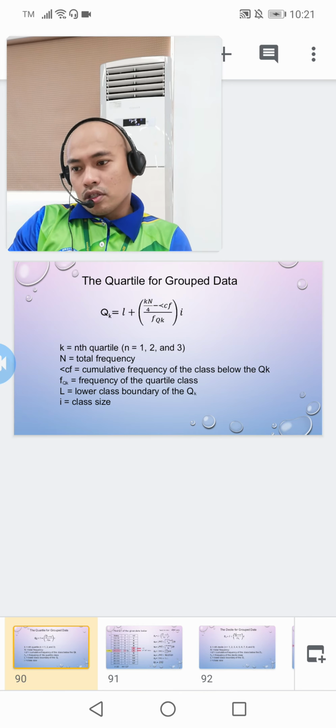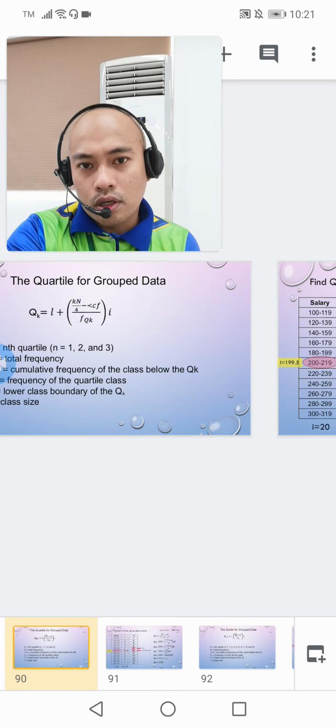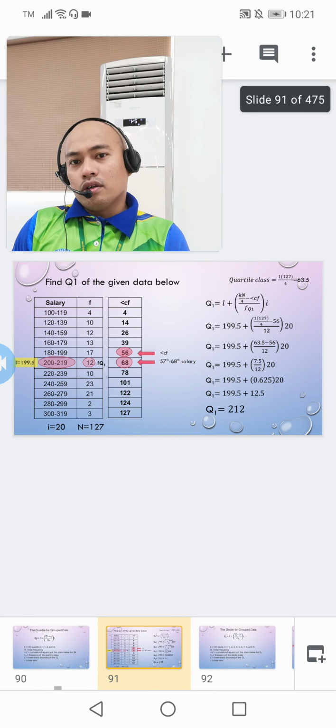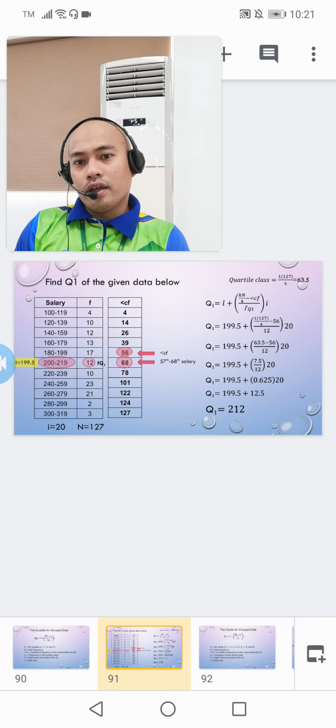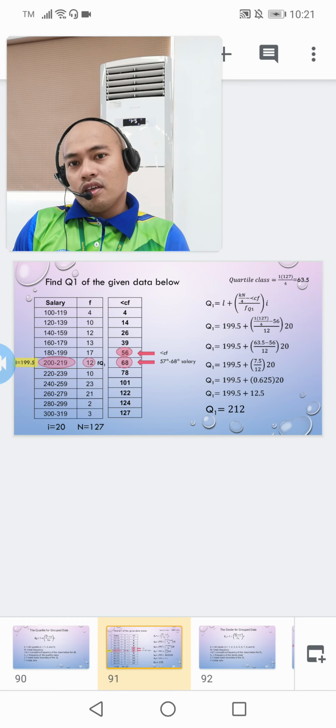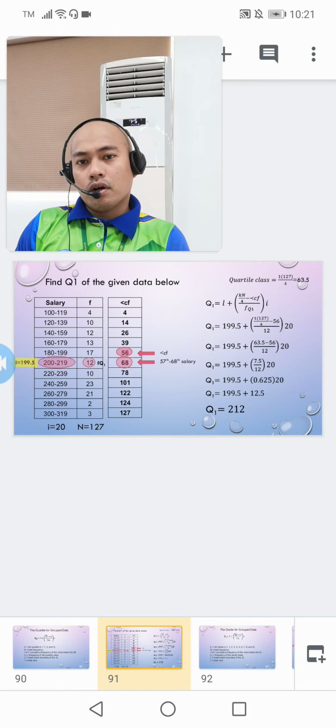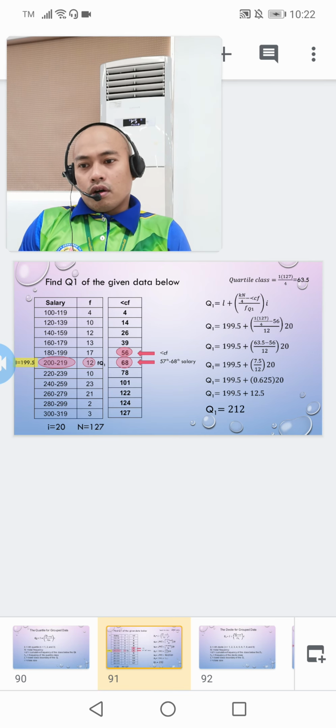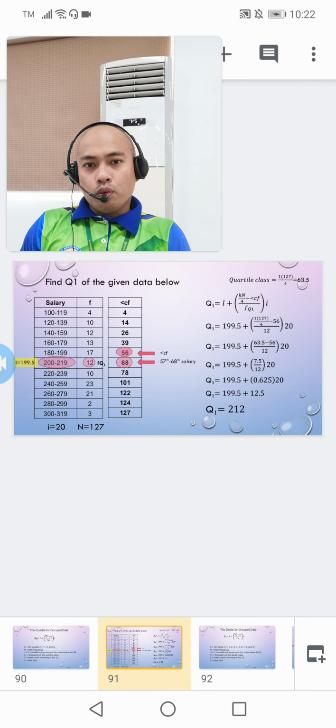All right. So the next slide shows the way how to identify the variables in the given formula a while back about Qk, the quartile of a particular distribution. Say for example, we are looking for quartile 1 of this given distribution, which is the salary of respondents.